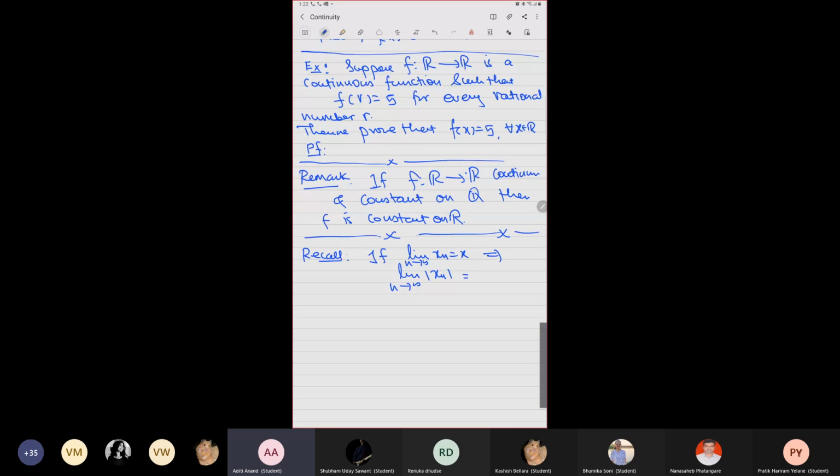It also converges. So it converges to the absolute value of x. That means it is the absolute value of the limit of xn. That means we can interchange limit and absolute value. Is the same thing true for continuity of a function?